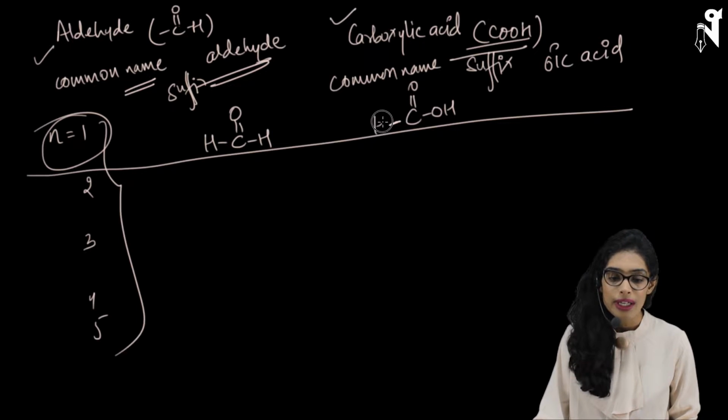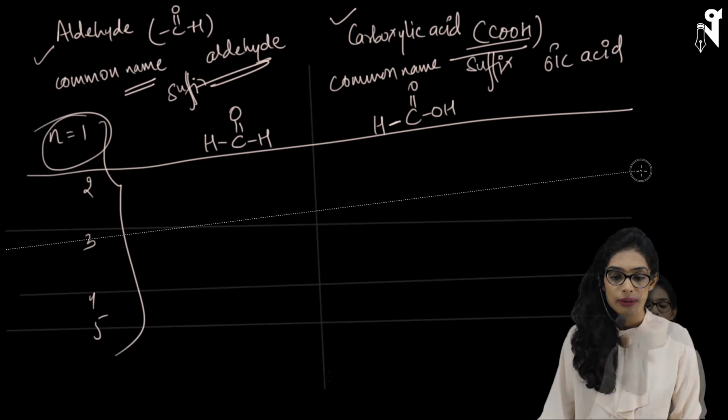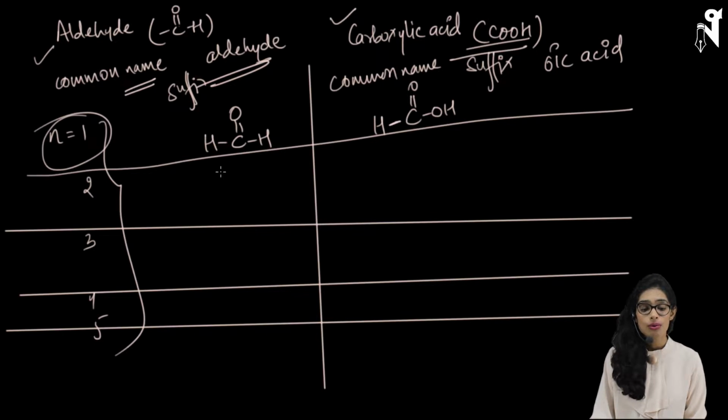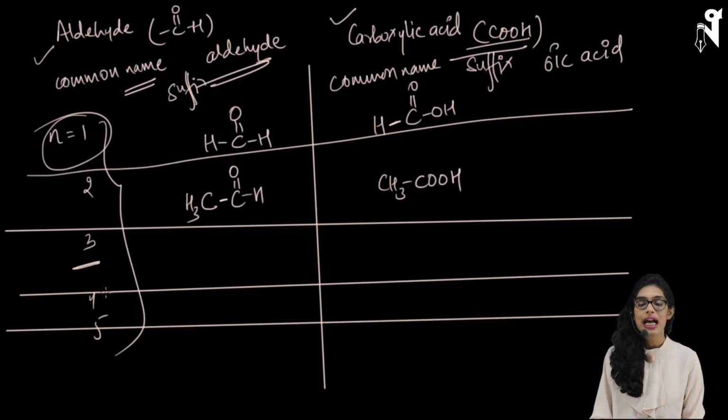So what will I fill its valency with? Only hydrogen. Let's talk about the second chain. If I have to add 2 carbons, I will write CHO, and then another carbon over here. Another carbon's valencies I'll fulfill by hydrogen, so it will be CH3CHO. In a similar way, here it will be CH3COOH.